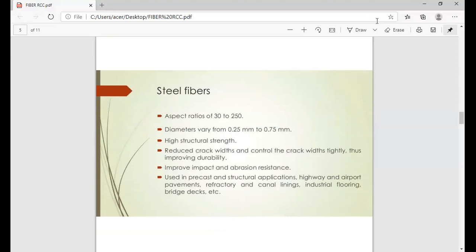They reduce crack width and control the crack width tightly, thus improving durability, impact and abrasion resistance. Used in precast and structural applications such as highway and airport pavement, refractory and canal lining, industrial flooring, bridge deck, etc.